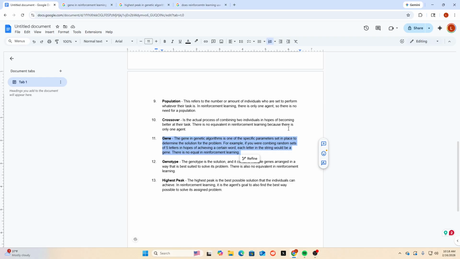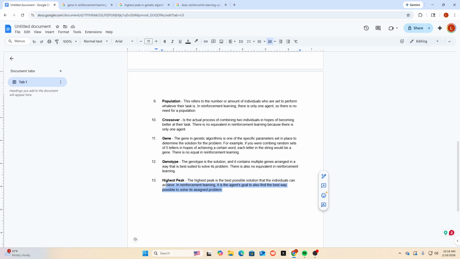So whenever they crossover, the genes that provided better results, the genes that got the individual closer to the goal, will get combined with the genes from another individual that helped get it closer to the goal. And the genotype is the combination of all the genes that make the solution.